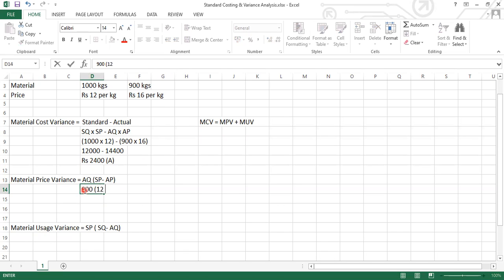Standard price is 12 rupees and actual price is 16 rupees. So 900 into the bracket, which will be minus 4. So 900 into 4 will be rupees 3,600, but adverse, because here the actual rate is higher than the standard rate. So just because of this we got an adverse.